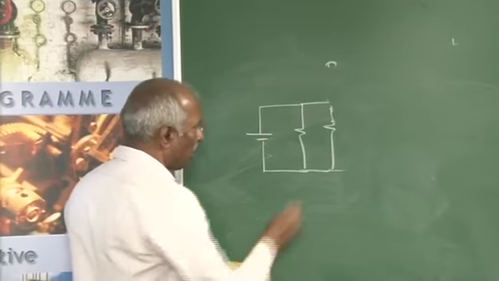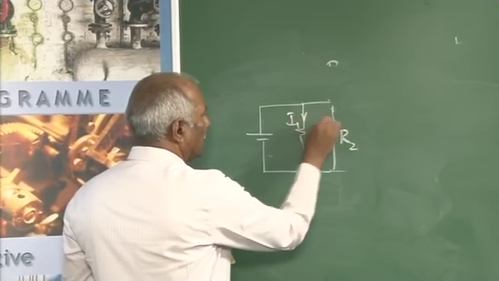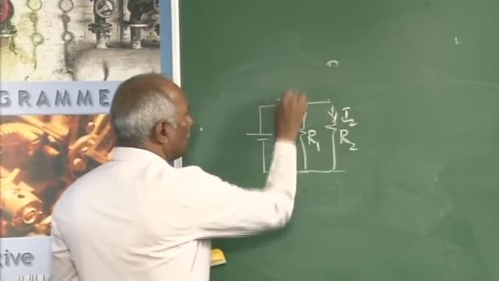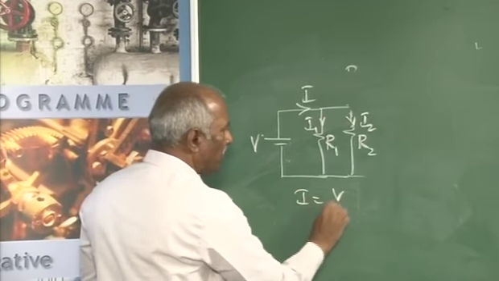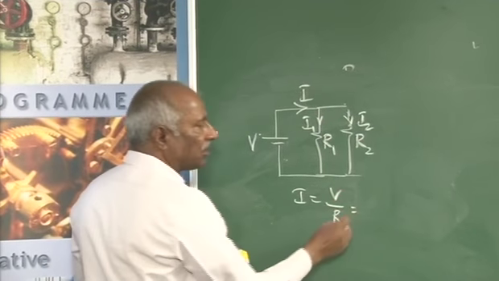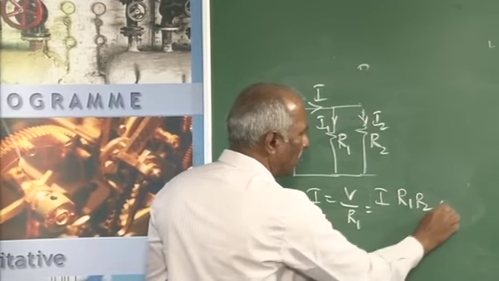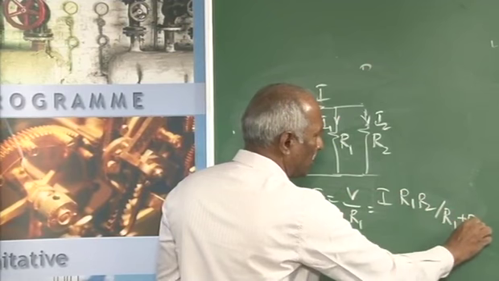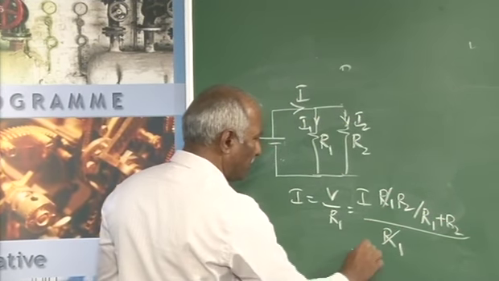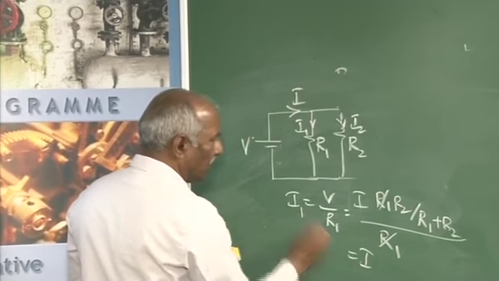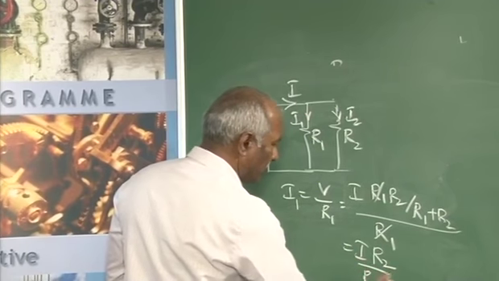If this is R1 and this is R2, I1, this is I2, this is the total current I. I1 is nothing but V by R1, but V is nothing but equal to I into R1 R2 over R1 plus R2. With that, R1 gets cancelled, and you will be left with I1 equal to I R2 over R1 plus R2.